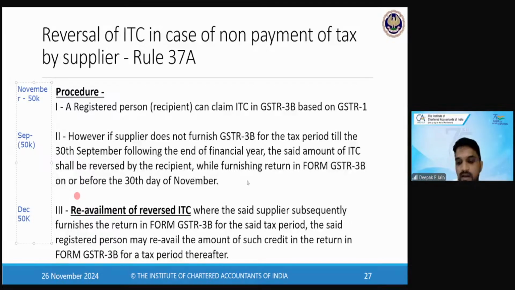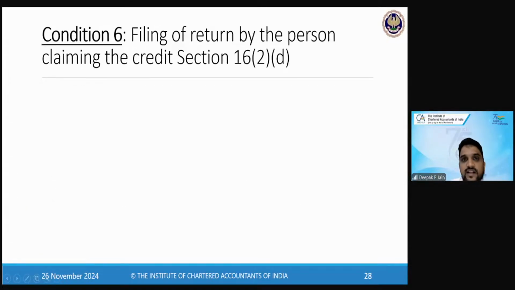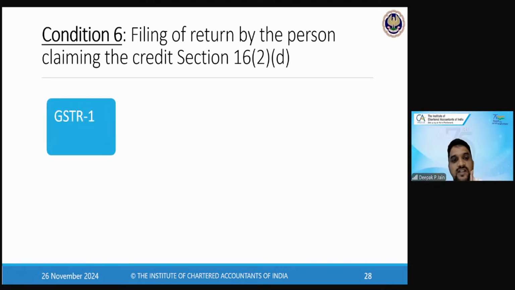Now we'll go to the next aspect. Sixth condition says that filing of the return. 5 conditions we have understood. Sixth condition is 16(2)(d). It says that आपको credit चाहिए, you need the credit, then file your GSTR 3B. Without filing the 3B, the credit will not come to you. 2B, GSTR 1, all of that is there. But to come to your electronic credit ledger, you have to file your GSTR 3B.